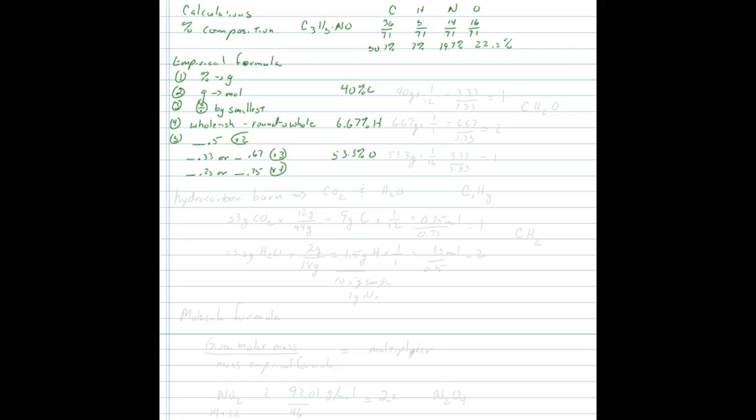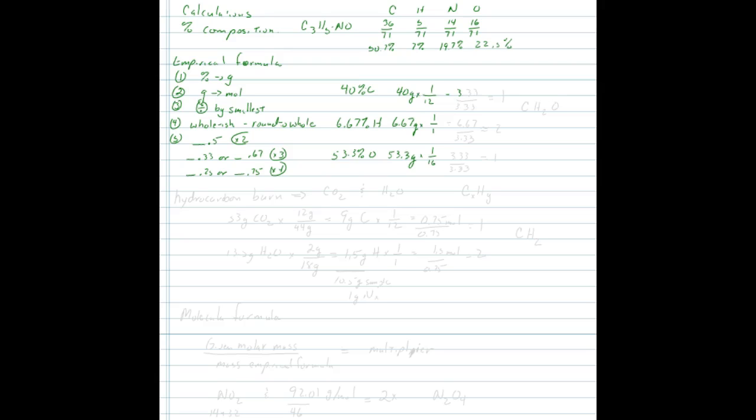You just call it 40 grams, 6.67 grams, 53.3 grams. And then you divide by the molar mass, change to moles. So 1/12, 1/1, 1/16. So you multiply those out.